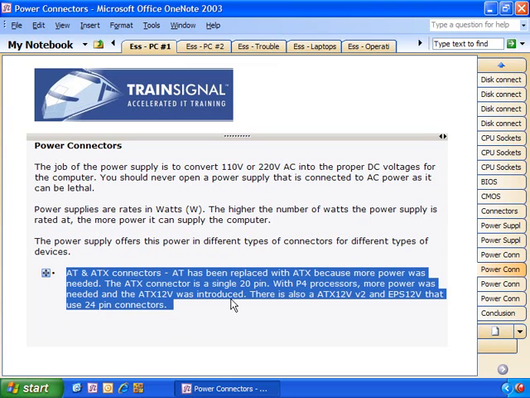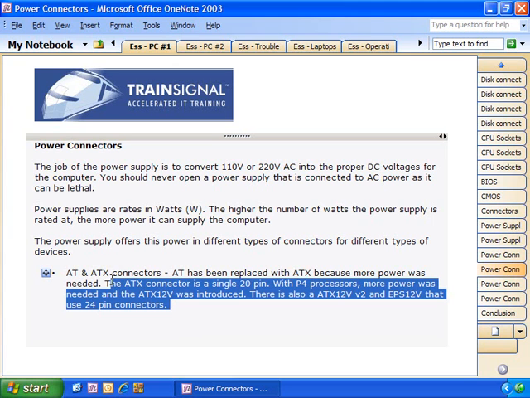AT has been replaced with ATX because more power was needed by more power-hungry processors and components. The AT connector, or ATX connector, is a single 20-pin connector. With P4 processors, more power was needed, and the ATX 12-volt additional connector was introduced. There's also an ATX 12-volt V2 and an EPS 12-volt that use 24-pin connectors on newer power supplies.